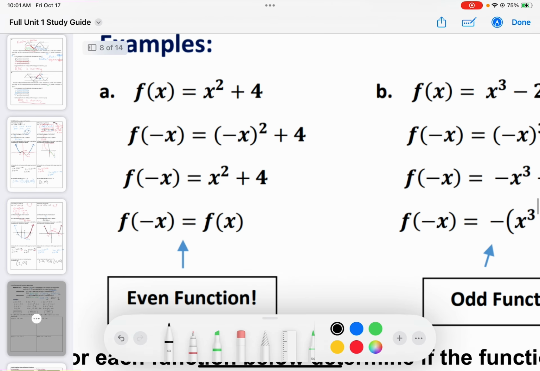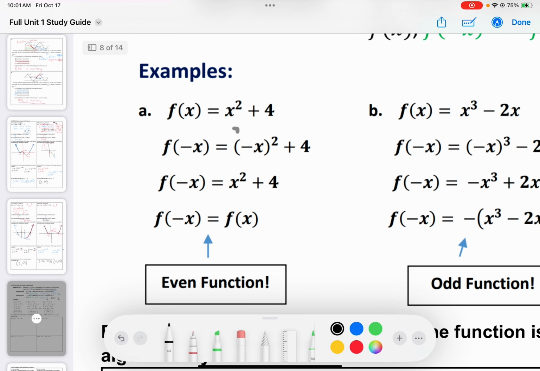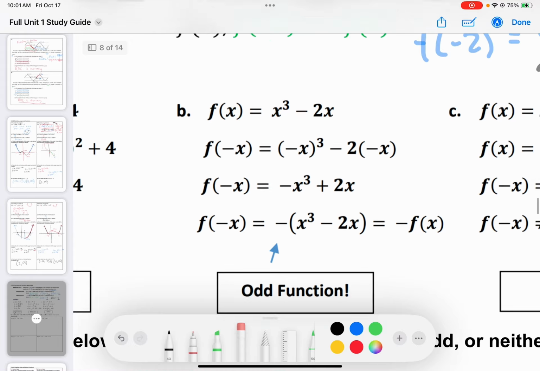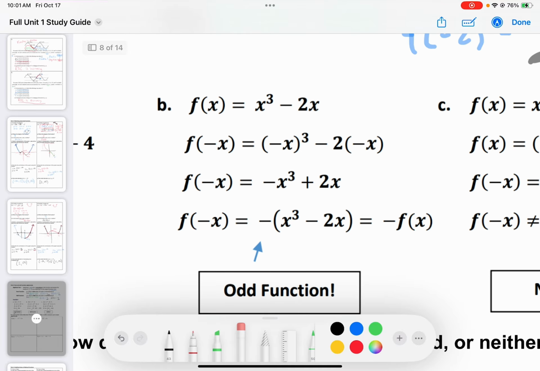And you can see some of these proofs here. Okay, look, we have x squared plus 4. They substitute negative x in for x. Well, negative x to the second power is the same as x to the second power. It's the same function. Odd function. Well, look, substitute in negative x.